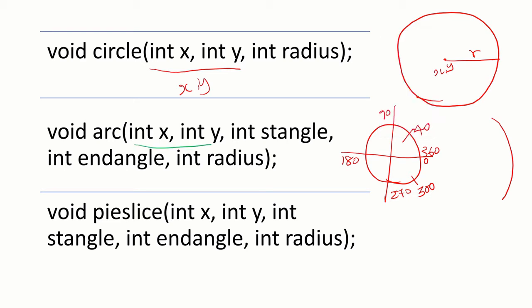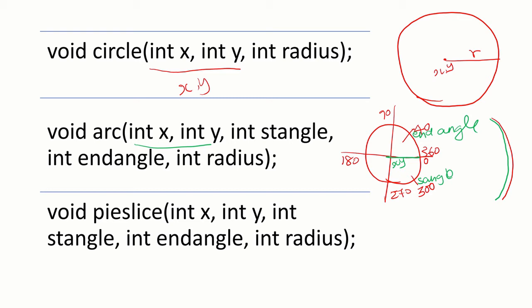So int x, y, that is the center of the circle, then the start angle and the end angle, and the radius of the circle. I'll start from angle 300 to 40, and I'll be getting a part of a circle.